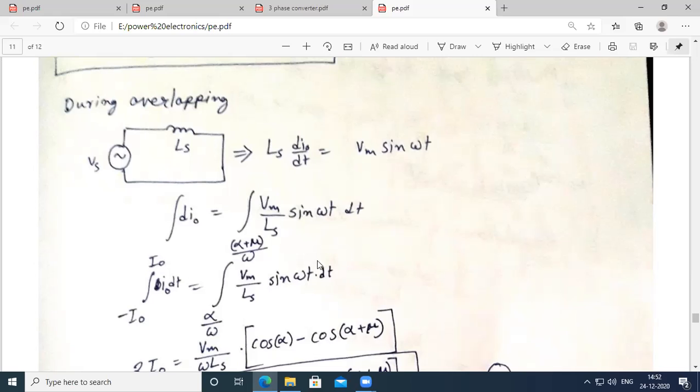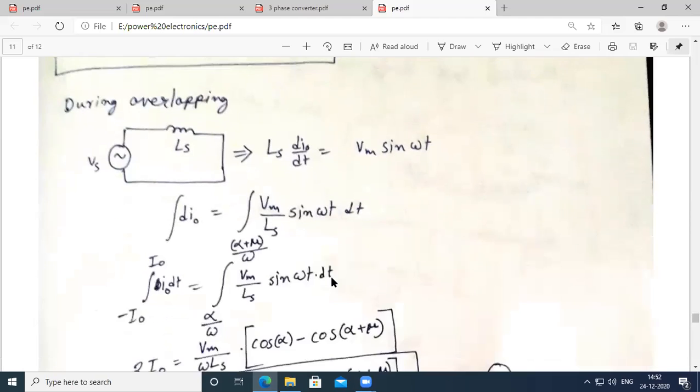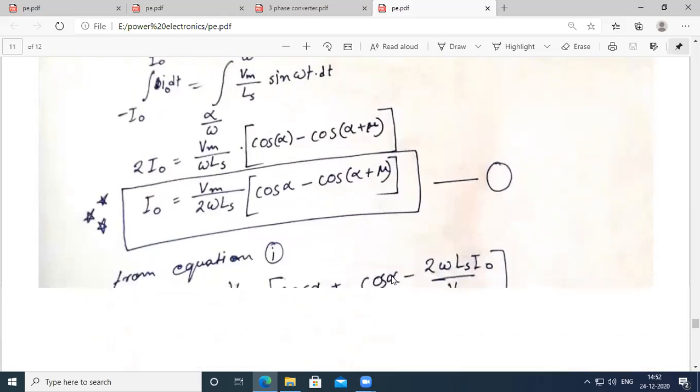So we have to replace omega t with alpha by omega to alpha plus mu by omega. And here we'll get 2 I naught is this, and I naught value is like this.